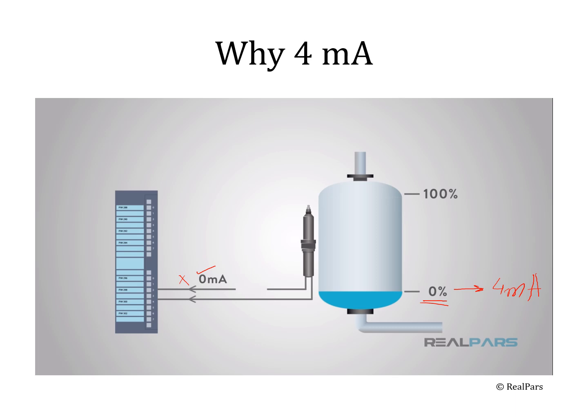Whenever the process variable is at its lowest value, it will be 4 milliampere. That is the reason we have taken 4 milliamps as the live zero of the circuit. So 4 milliamps means live zero, and live zero means the minimum value of the variable.